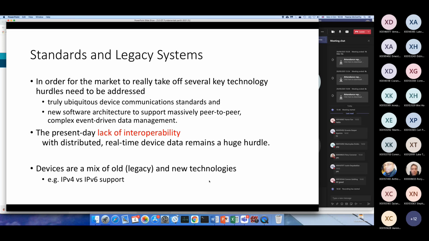Unfortunately, historically and up until recently, there's still a lot of stuff out there that is not fully interoperable, right? So you've got a lot of legacy systems out there, which people designed to be cheap.